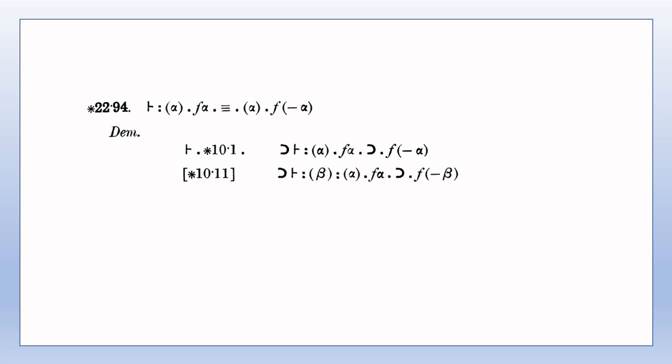It's possible that the symbol representing an apparent variable suddenly changes in the course of a demonstration. Again, this doesn't matter, so in the demonstration of 22.94, we might see as shown. Why did the beta change to an alpha? Because it can. Using beta initially, although not absolutely necessary, may make things a bit clearer, but then using alpha in the next line gives a visually much neater proposition.